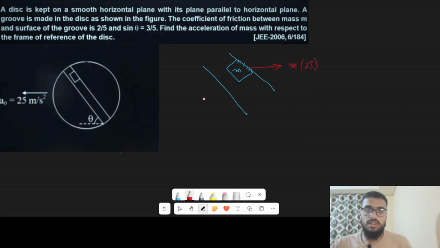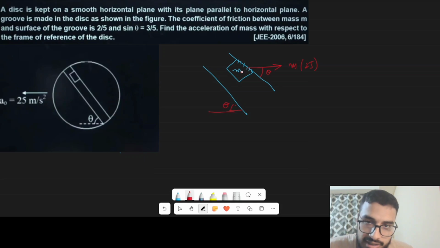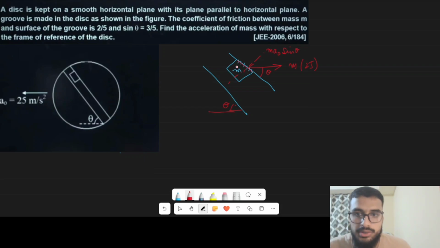If this angle is theta, then by alternate interior angles this is also theta, and there will be one normal here, m a naught sine theta, perpendicular to this side. We cannot see the side properly because this is the top view.